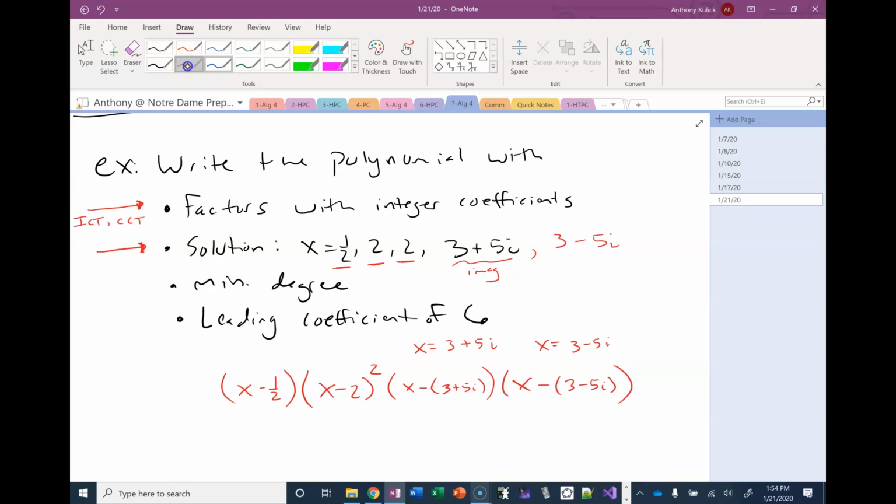So now let's go back to the first and check to make sure all these factors have integer coefficients. We already have a problem with the first factor, right? X minus 1/2. That doesn't have all integer coefficients because 1/2 is not an integer. So what can we do to that factor to change it so it has integer coefficients?